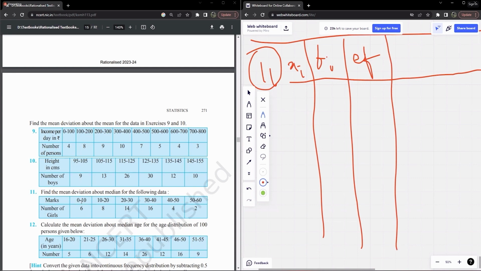First, look at the class sizes. They are all similar, so I can go ahead with writing the Xi's. This is going to be 5, then 15, 25, 35, 45, and 55. That's it, 6 classes. Corresponding Fi's are 6, 8, 14, 16, 4.